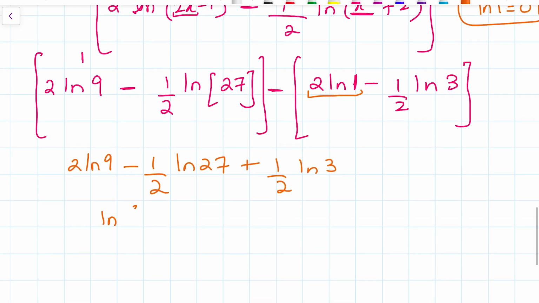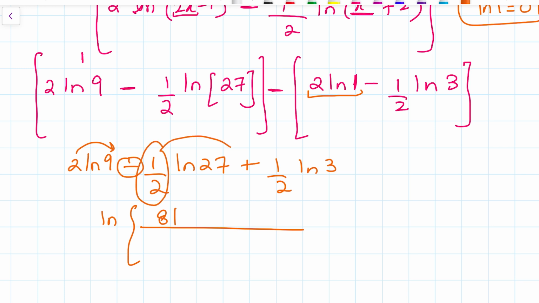Take ln common out. 9 square is 81. Minus means it goes to division: square root 27. Plus means multiplication because we're taking the log common out. Please revise the log video or watch it in order to understand the basics of logs if you're lacking in log basics.